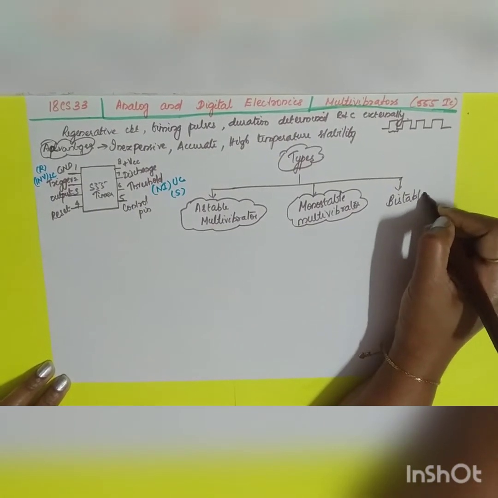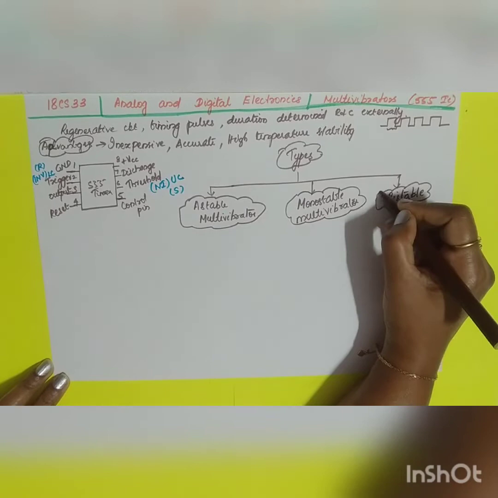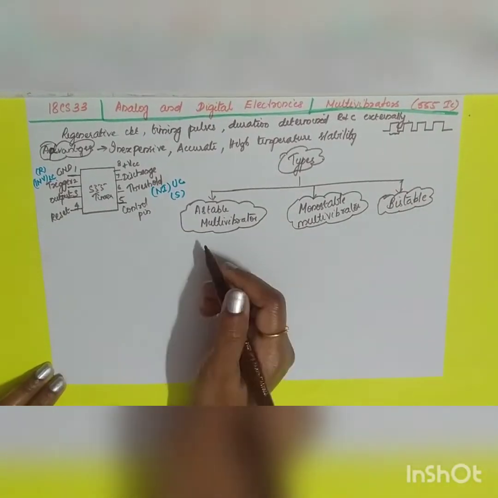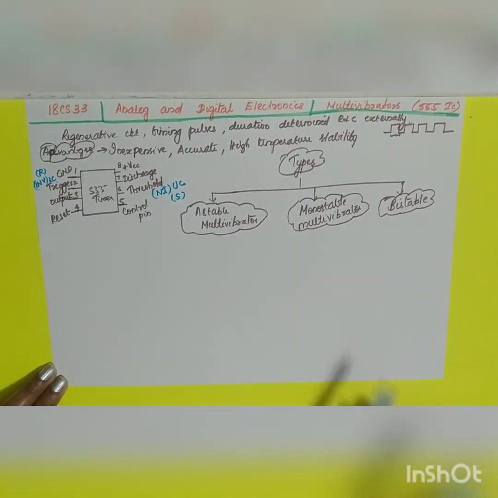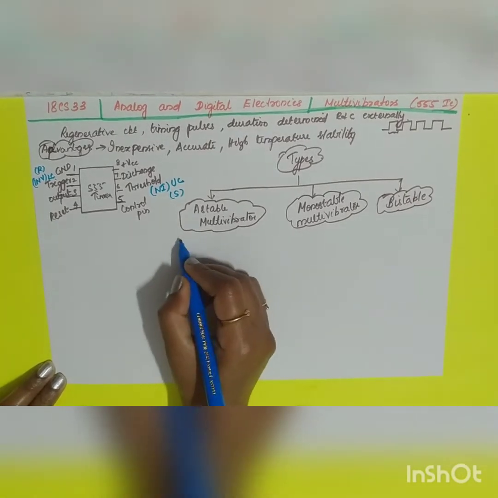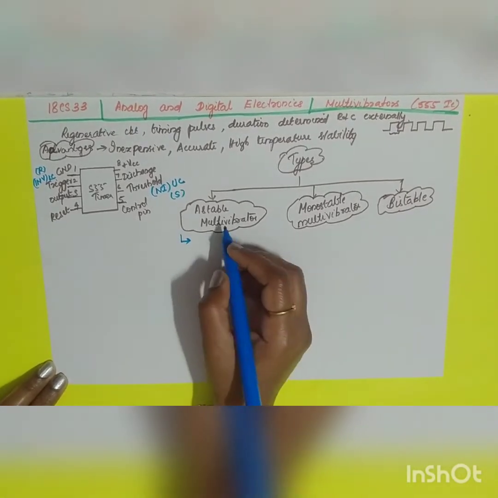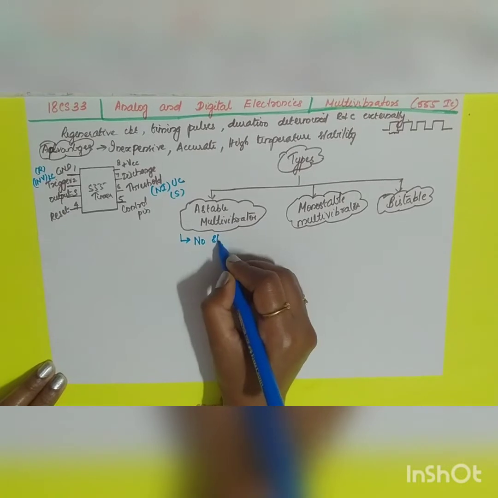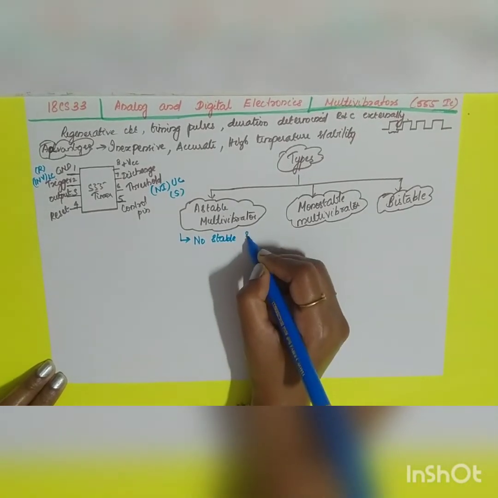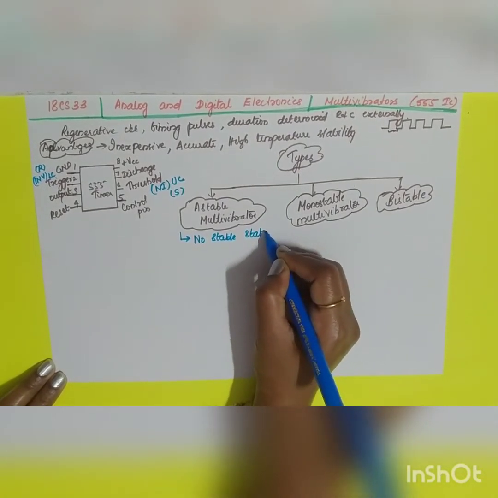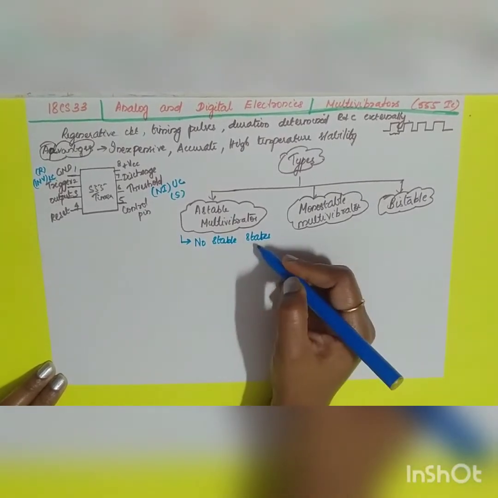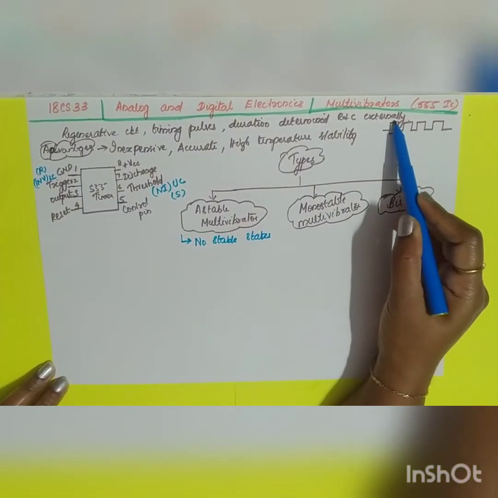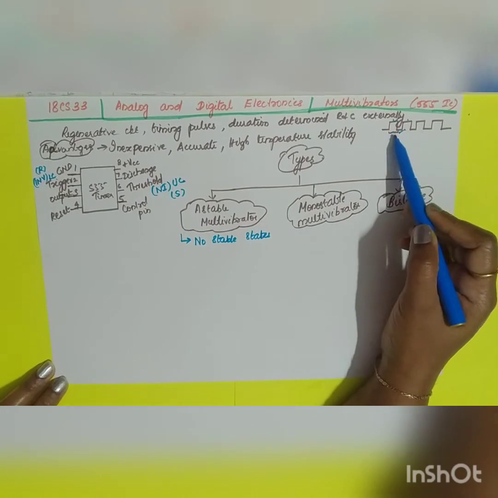The name itself gives you the meaning. Astable means it is not stable. So your astable multivibrator is the multivibrator which does not contain any stable state. What is meant by states? States means whether it is on or off.